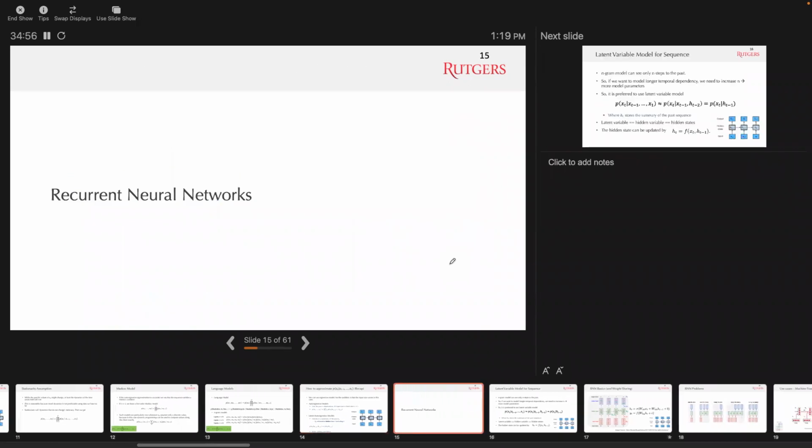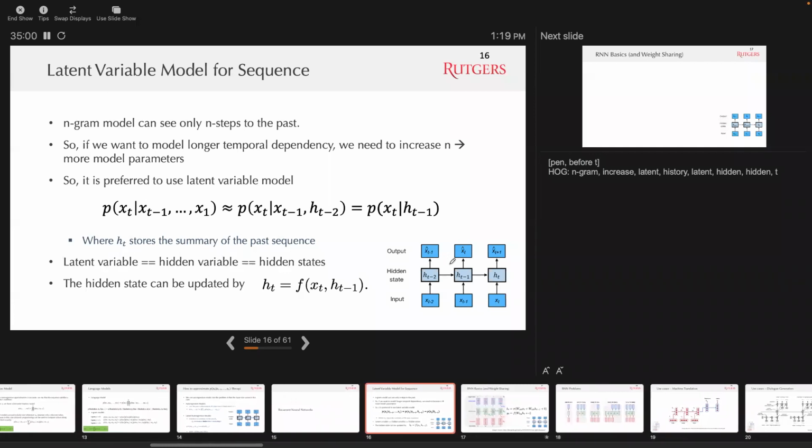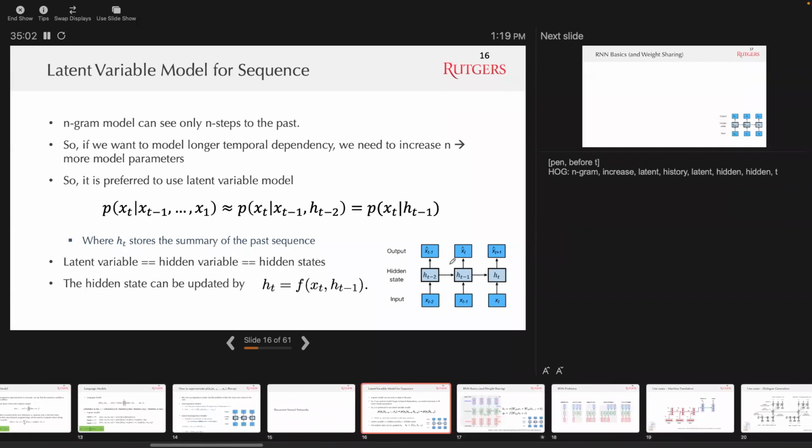Okay, so let's go to recurrent neural network to see how it works. Like I said, if you use a simple auto-regression model and make some assumption to get an n-gram model, you can only see n steps into the past, right? So this is good, but it's not good enough.